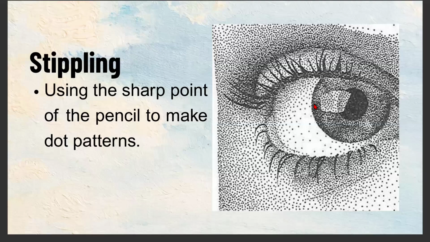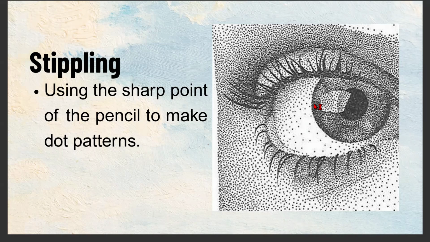Moving forward, we also have stippling. Stippling is a type of shading which uses dots. It varies the density when we're shading with it. Sometimes the artist can be heavy with the pencil, and at the same time they can be light with it as well, in order to create a variety of depth through the use of density.